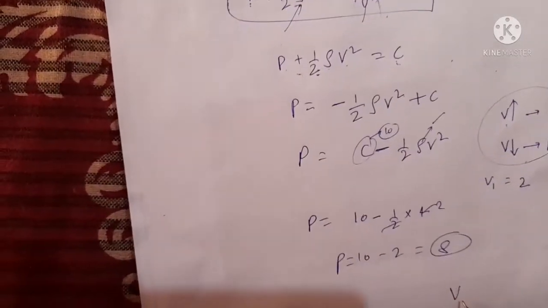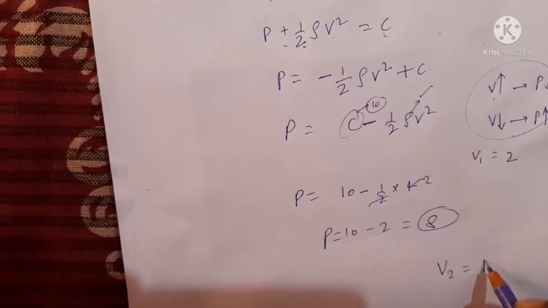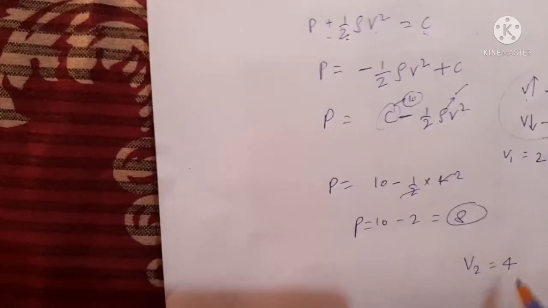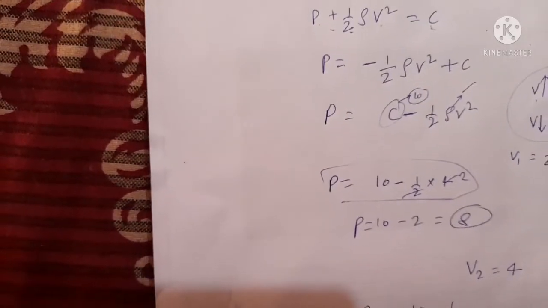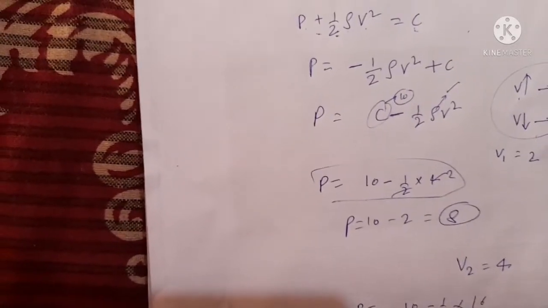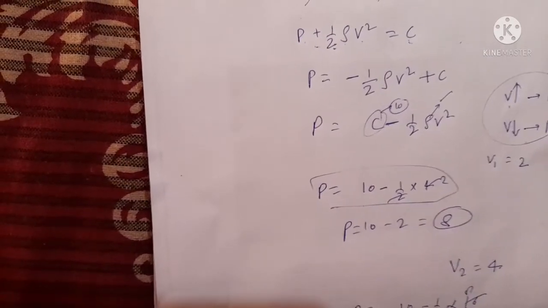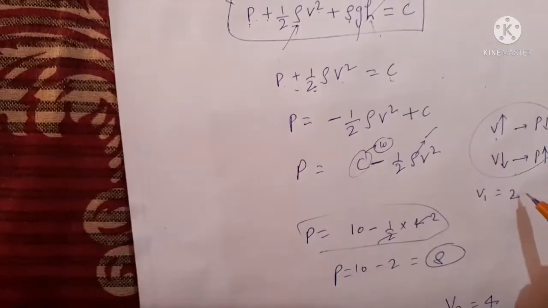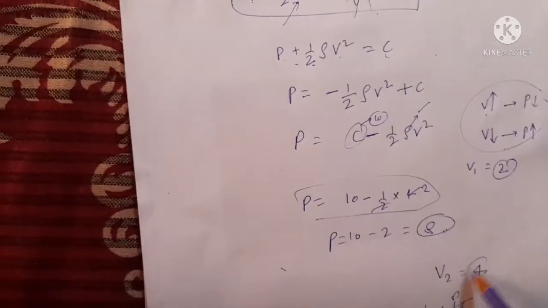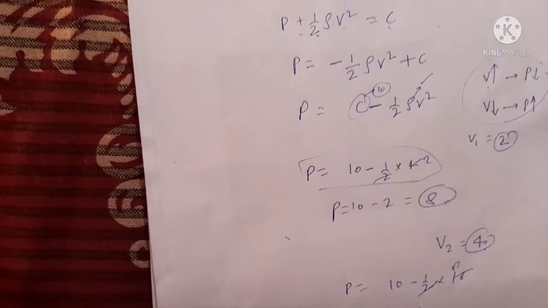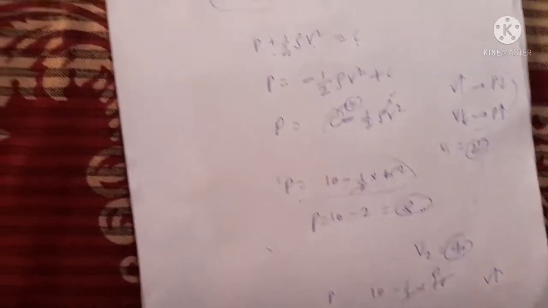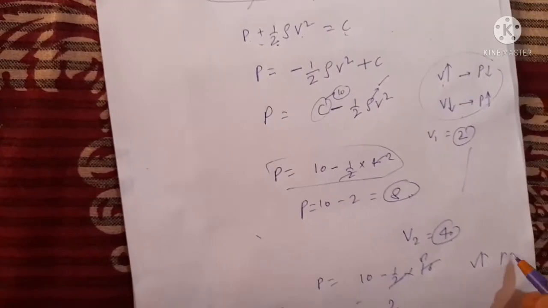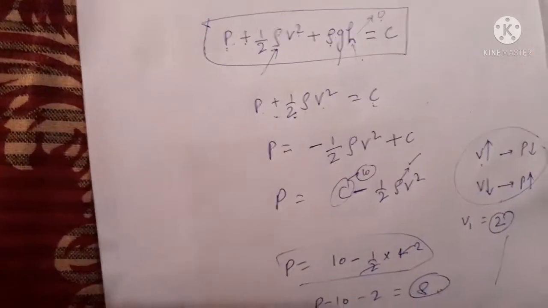If we increase this, v2 equals 4. Then 10 minus half times the square 16, that is 8, so 2. So friends, if the v value is 2, the pressure will become 8. If the v value is 4, then the pressure will be 2. If the v value increases, here 2 and 4, then the pressure decreases. So this is the relation.